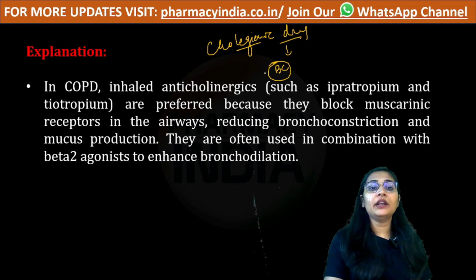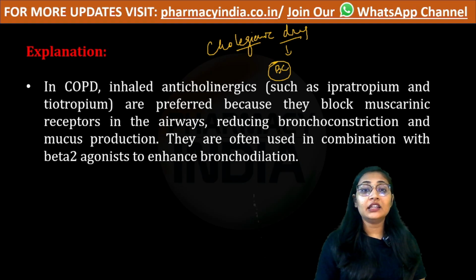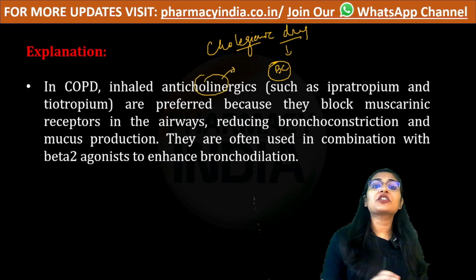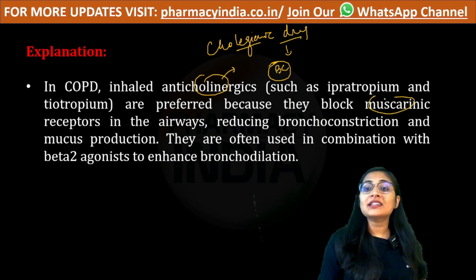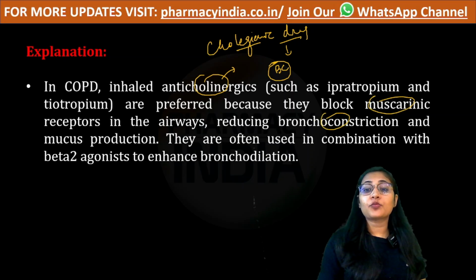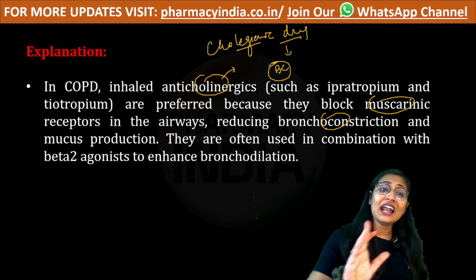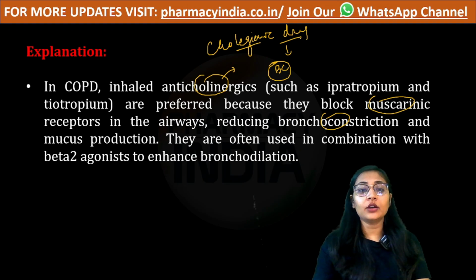So in COPD, we give inhalational anticholinergic. What does the anticholinergic do? Opposite to cholinergic action is the function of anticholinergic. Anticholinergic basically blocks muscarinic receptors in the airway. This would reduce bronchial constriction. Rather, it would cause bronchial dilation. And these are given in combination with beta-2 agonist.